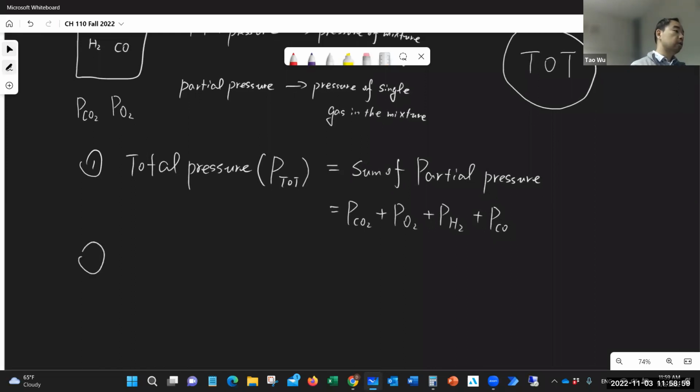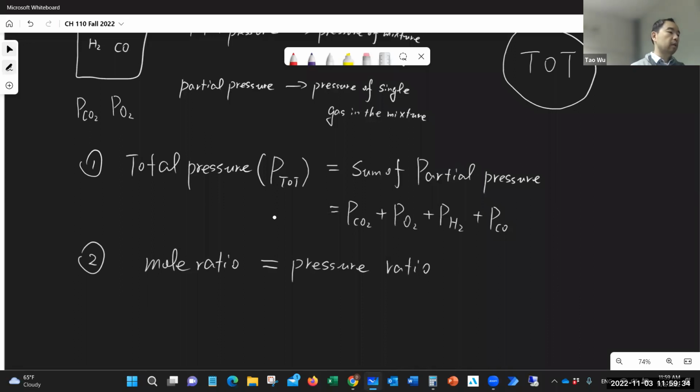Okay, the second topic for this is called the mole ratio of those gases is equal to the pressure ratio. What does that mean? They call it mole ratio is equal to the pressure ratio. So one of the examples is over here.